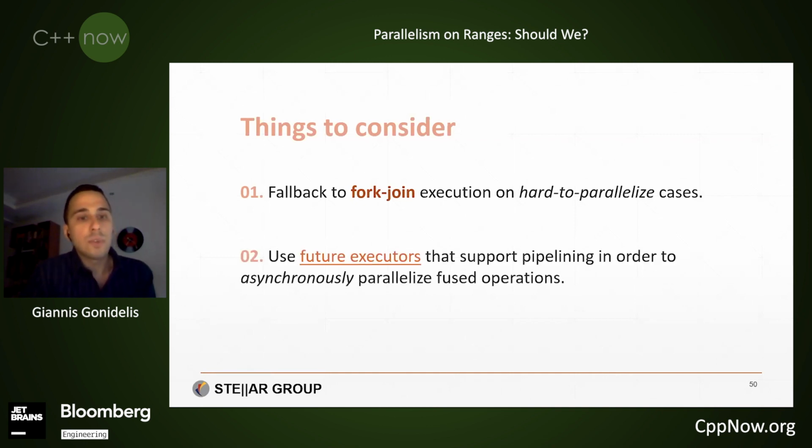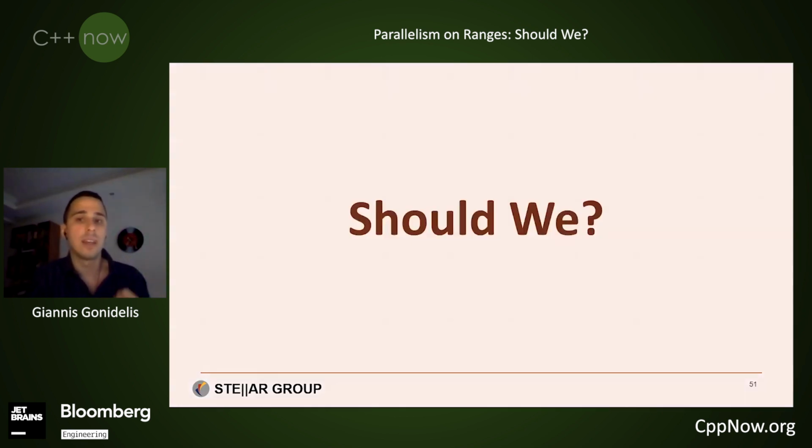There is also this proposition of using future executors that do support pipeline. That's a coincidence, but they do support pipeline, and they could actually be utilized in order to achieve asynchrony on those composed operations.